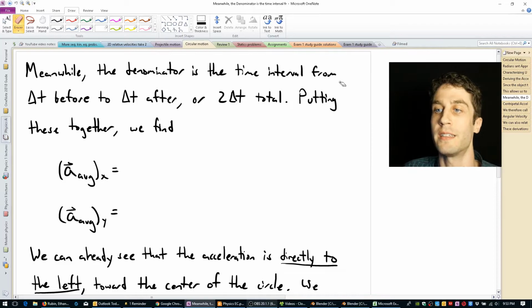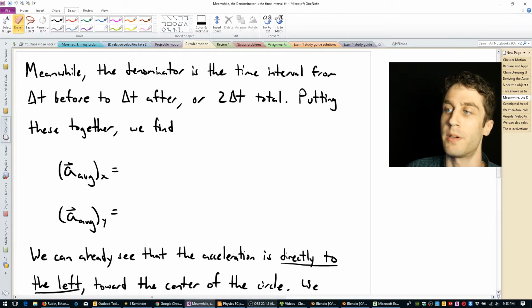Meanwhile, the denominator is the time interval from delta t before to delta t after, or delta t total. So one way to think about it is that t initial is negative delta t, t final is delta t, and so you get delta t minus negative delta t, and you get 2 delta t.